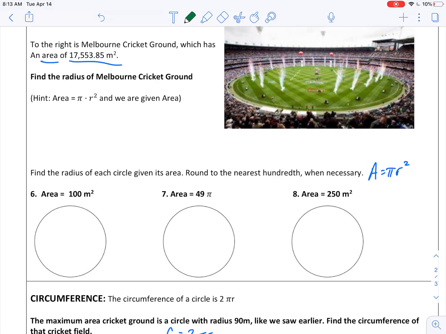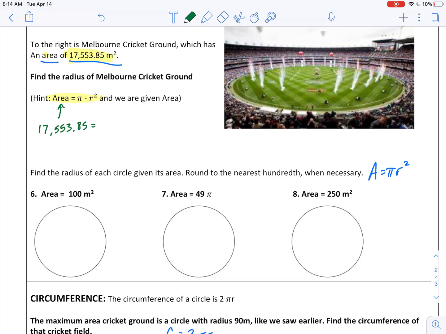Now, what if I gave you the area, rather, and asked you to find the radius? So there we've got a 3-step process. So given that area, well, where in this formula would I substitute the known area?